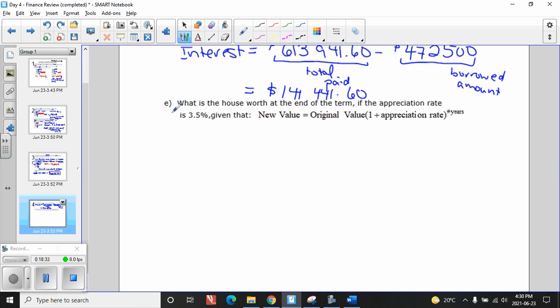Final question here. What is the house worth at the end of the term? So there's just a little piece of vocabulary there. If the appreciation or growth rate is 3.5%. So here's a formula we're going to use that's just practicing some of our exponential skills and trying to make a connection there. So this is like an exponential growth formula.